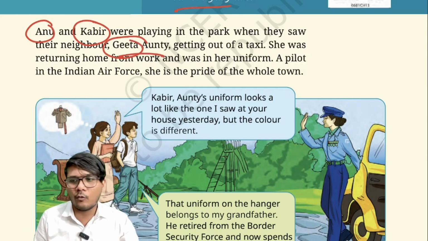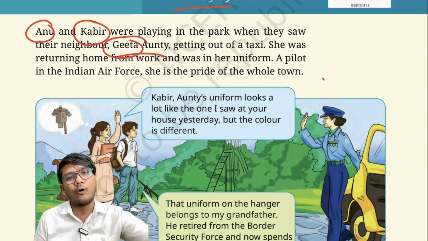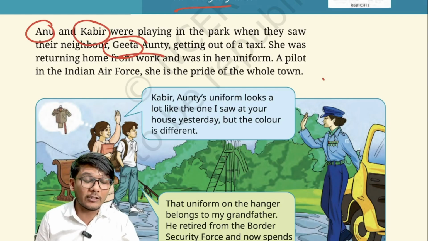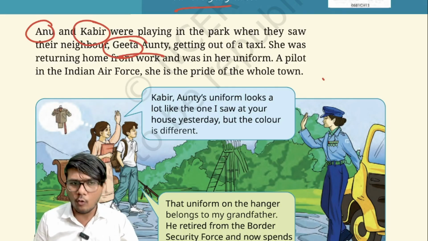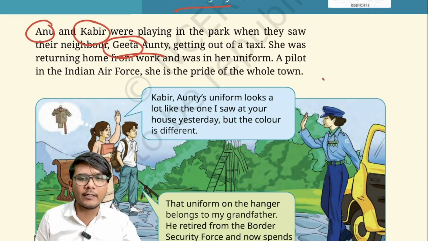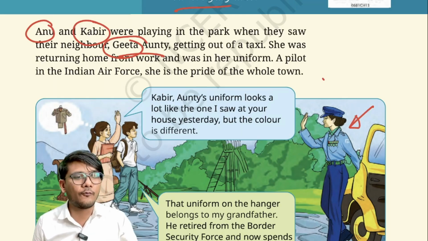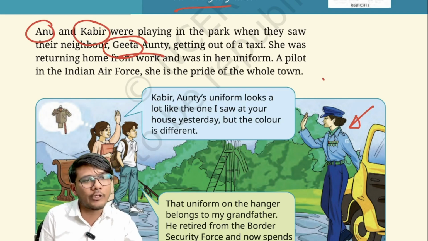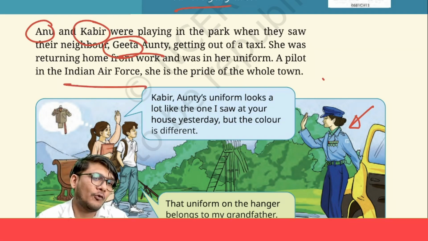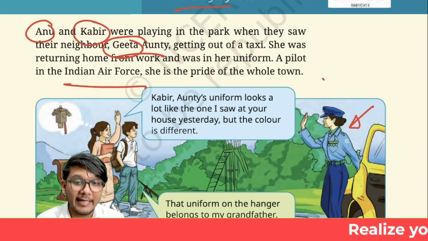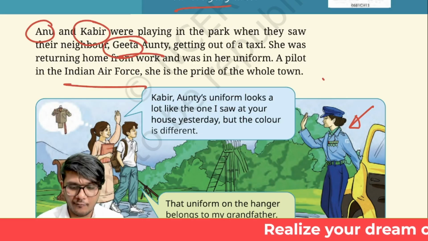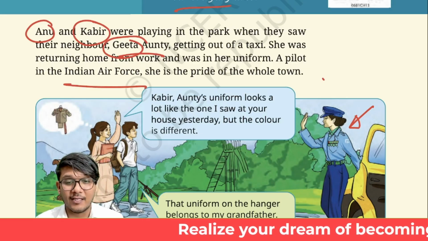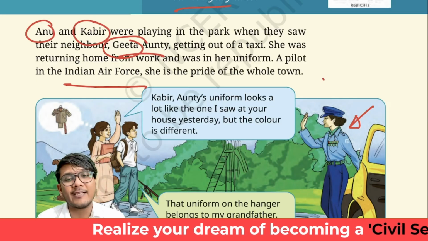Now what was happening was Geeta auntie was just getting out of a taxi when she's returning from work to her home, and they see her in her uniform. And what's this uniform all about? This is a pilot's uniform of the Indian Air Force, which she's wearing with pride. You should know that we also have female pilots, we have females in the military, in the army as well.